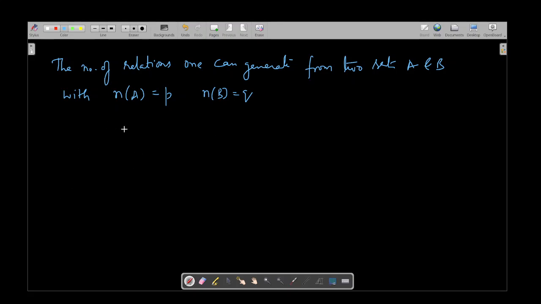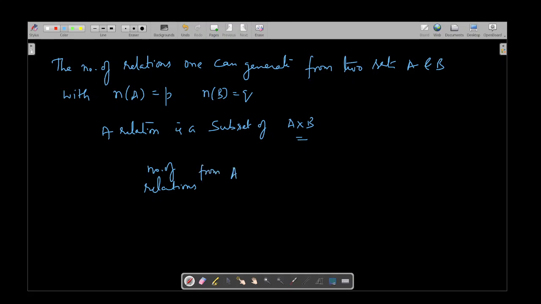So it is pretty straightforward because we know that a relation is a subset of A cross B. So in order to find how many relations can be generated from A into B, we just need to find the number of subsets we can generate from A cross B. So the number of relations from A to B is equal to the number of subsets of A cross B, because every subset is a relation.